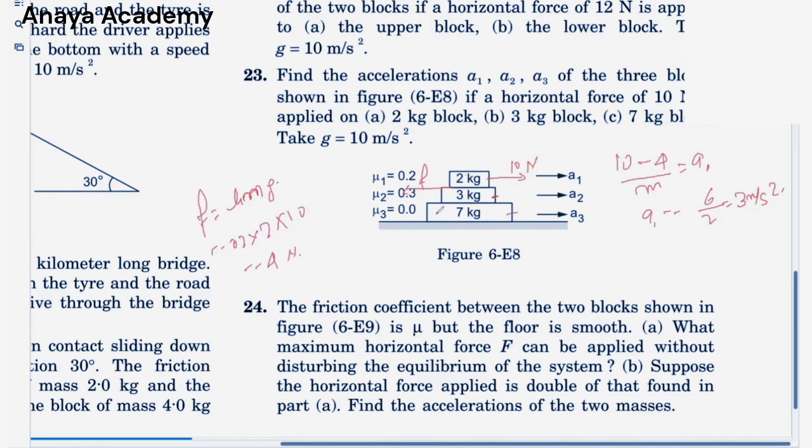So there is a possibility that the whole system can slide as well. But let's check. The friction between 2 kilogram and 3 kilogram is 4 Newton.